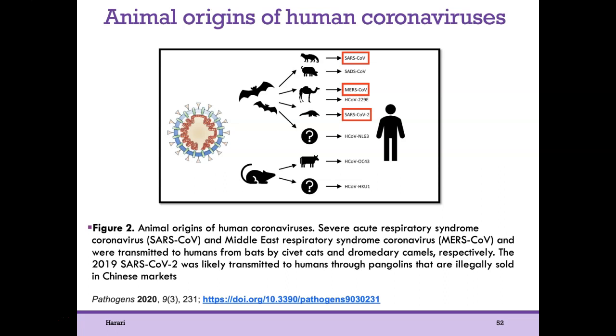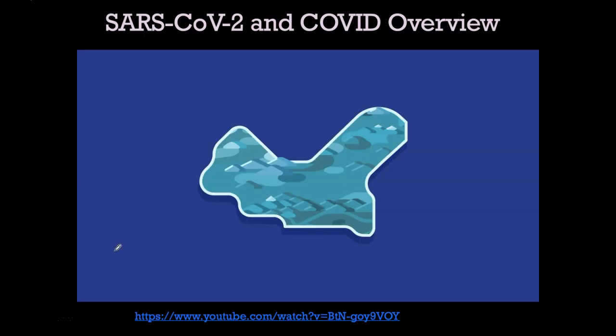There have been a lot of changes now, and it's illegal to sell animals in certain ways that may increase exposure to diseases. So I'd like you to watch this link right now for a brief overview on SARS-CoV-2 and COVID, which is the disease you get from SARS-CoV-2. And we're going to learn a lot more about COVID in the coming lecture.